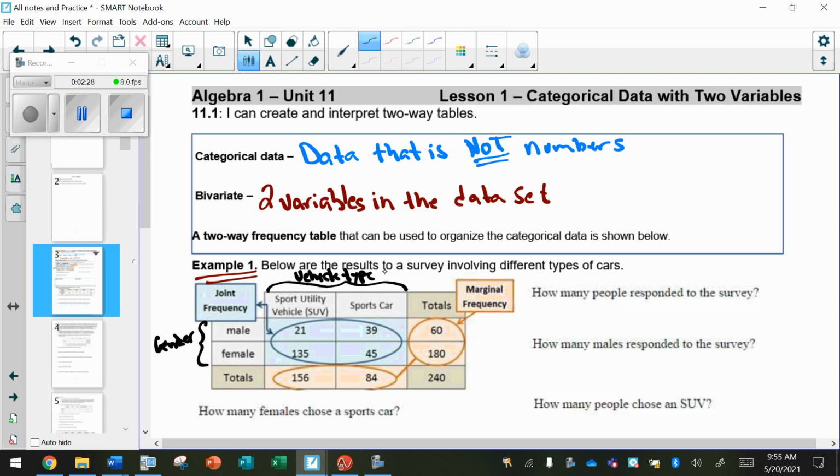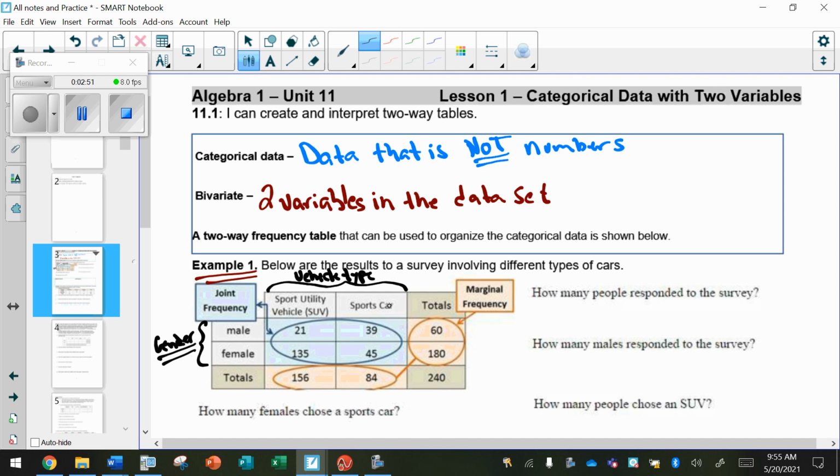So this survey that created this data would have to ask people, do you most identify with male or female? And then it would have to ask, would you prefer a sport utility vehicle or a sports car? So those would be the two questions that were asked in this survey.